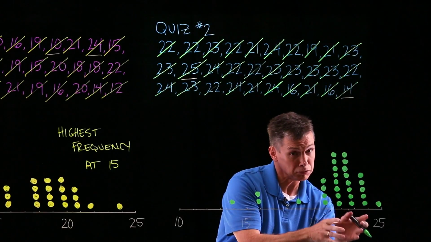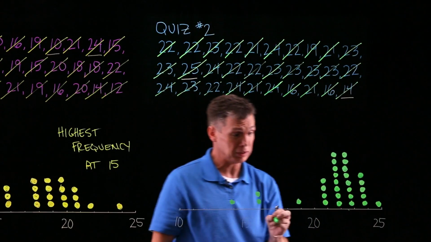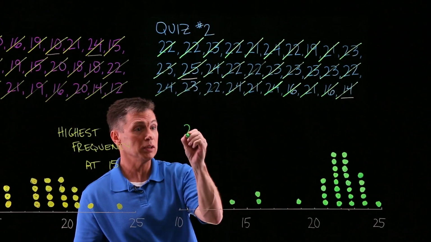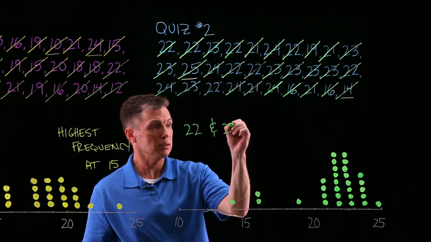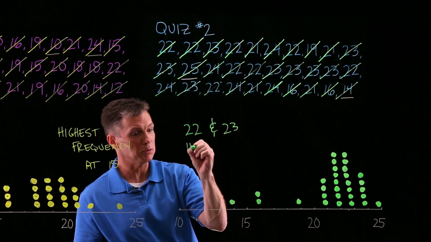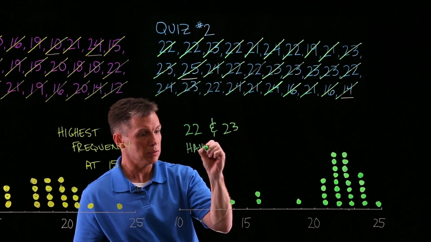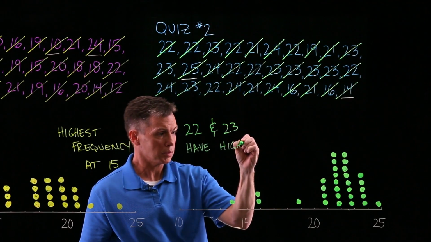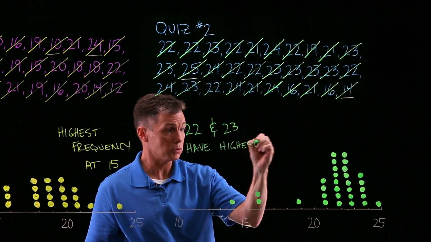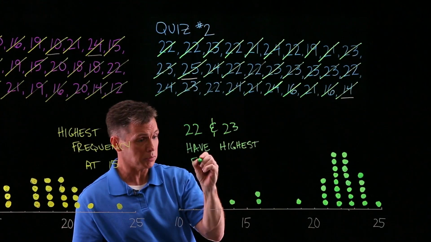It's okay for two different scores to have the highest frequency. So 22 and 23 have that highest frequency. You can have more than one score with that highest frequency.